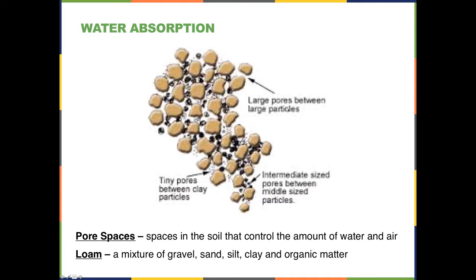Loam is a mixture of all these different kinds of soil, and it tends to hold quite a bit of water and quite a bit of air, and it's very good for the growth of plants. You actually can go out and buy this kind of stuff at the store to put in your garden, to allow for extra air and water to get in the soil and be available to the plant.